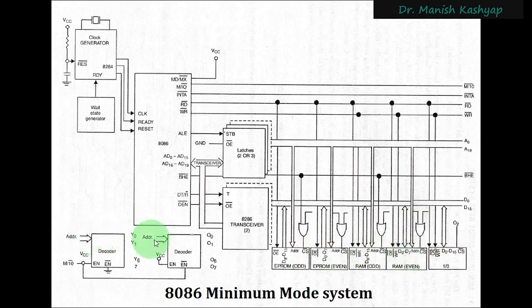Your address line is given here, the memory slash input output bar signal is given here, and these two decoders will tell you whether you are trying to deal with externally interfaced memory or with externally interfaced input output devices, because the four chips that you see here are memory chips and one chip is used for input output devices. So whether you want to deal with these four chips or with this input output device will be decided by using this decoder.